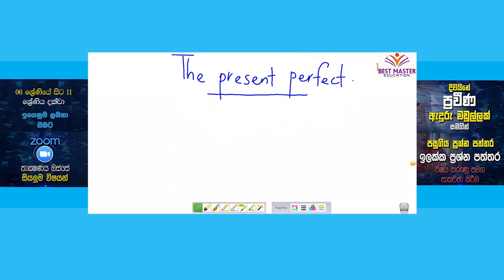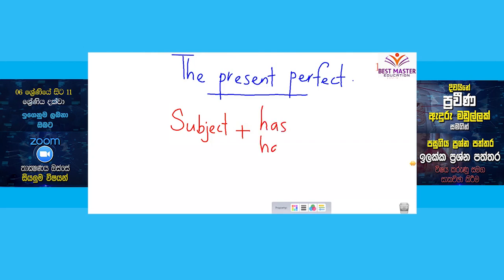When we write a present perfect idea, first we have to use our subject, S-U-B-J-E-C-T, subject. After that, we have to add two words.